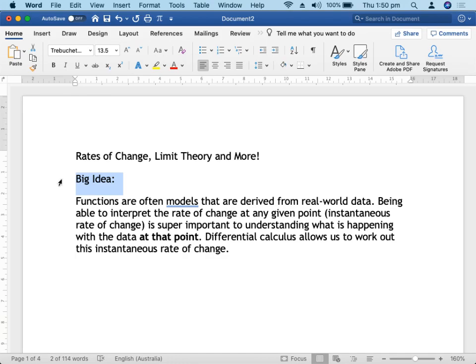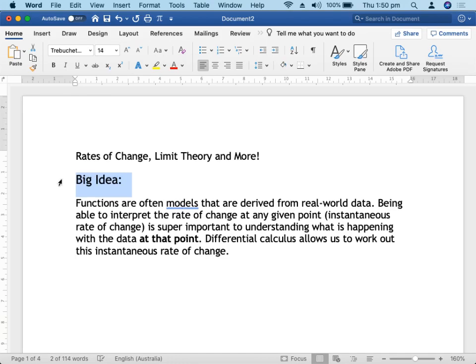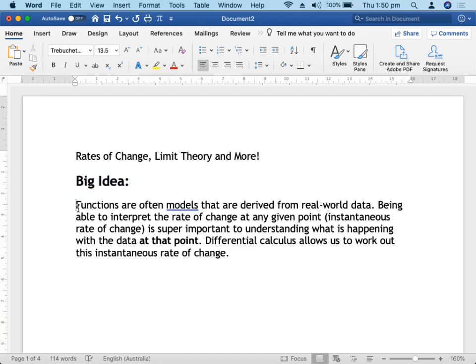If we pare back to why on earth we do all of this in the first place, we start off with some real world data. We've seen through our statistics unit that we could take our real world data, plot it, and say, well, that looks approximately like a linear regression, a straight line.